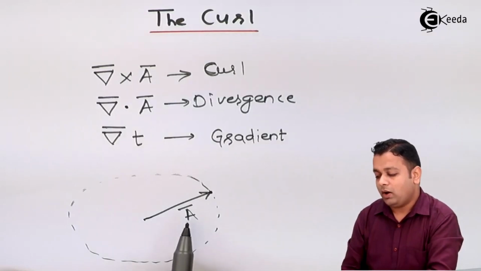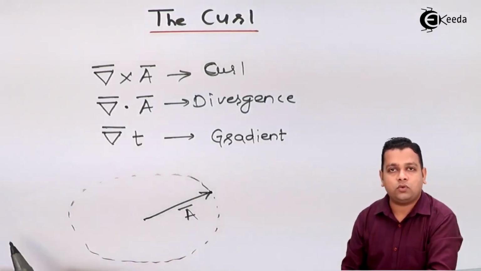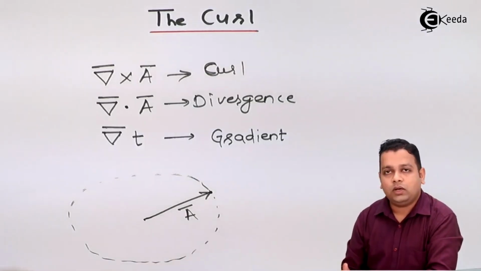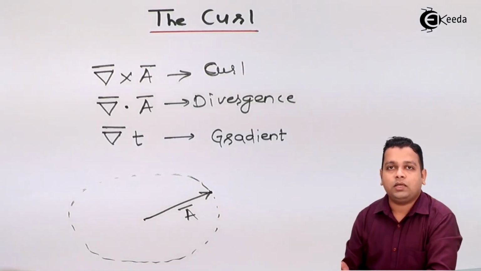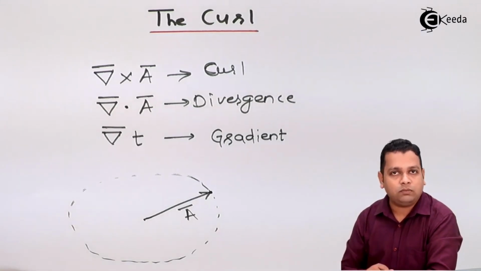Now see that while vector A is rotating, it will trace an area in a certain plane.